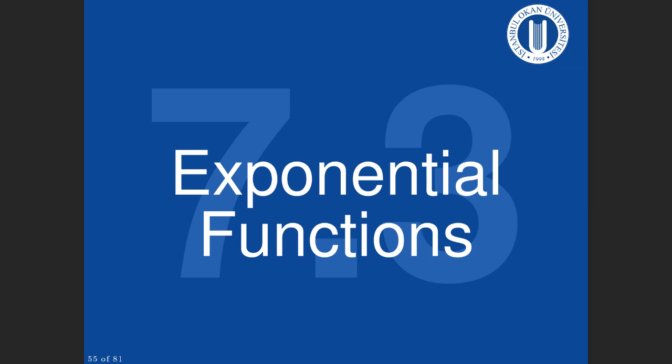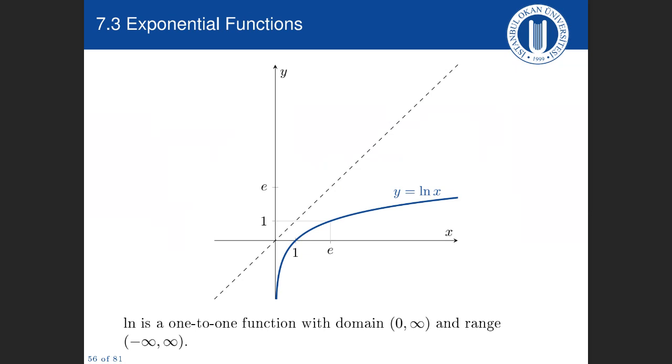I want to talk about exponential functions. ln, which we've been talking about, is a one-to-one function. The domain of ln is the open interval from 0 to infinity, and the range of ln is the whole real numbers, so the interval from minus infinity to infinity.